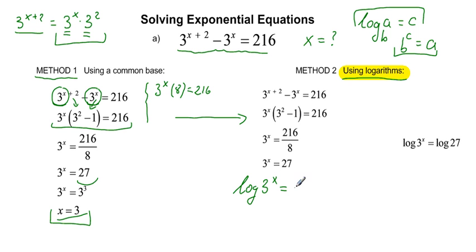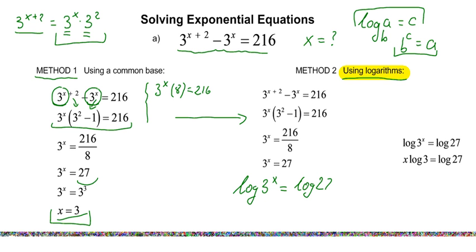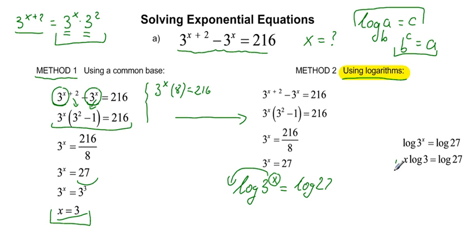So this is why you see log 27 as the next step. Now, simplifying logarithms, that exponent x is taken outside to give you the product x times log 3 is equal to log 27. So this is the next step.